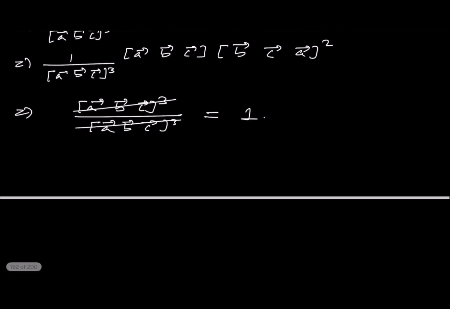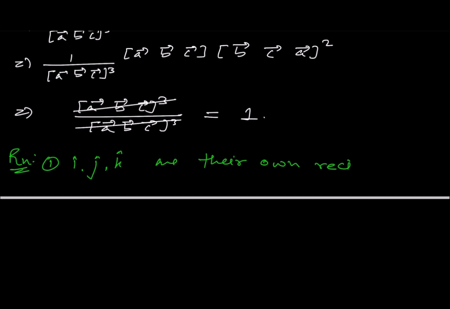Now come to some remarks. Remark 1: i cap, j cap, k cap are their own reciprocal vectors. It is very easy to understand: if I am finding i cap dash, i cap dash is nothing but j cross k upon box ijk, right?